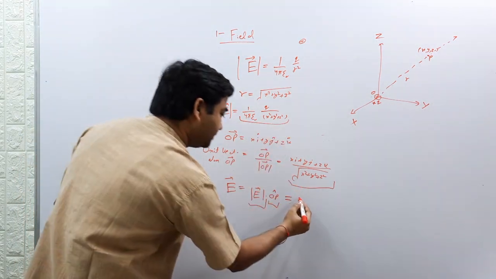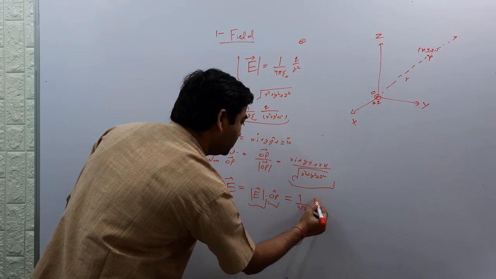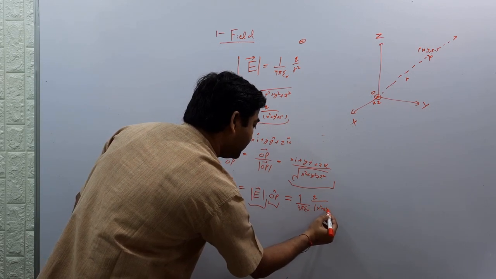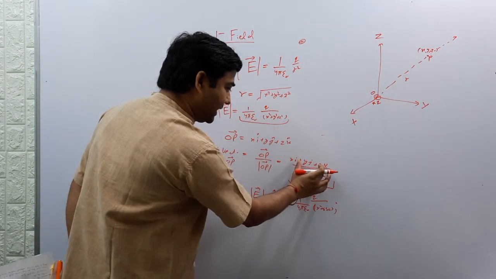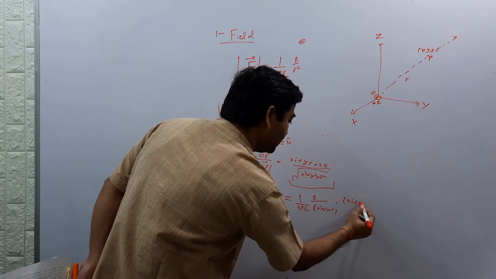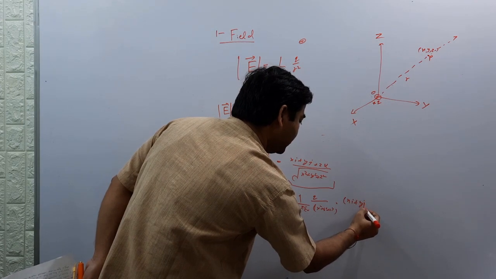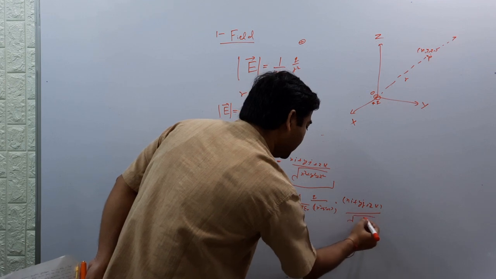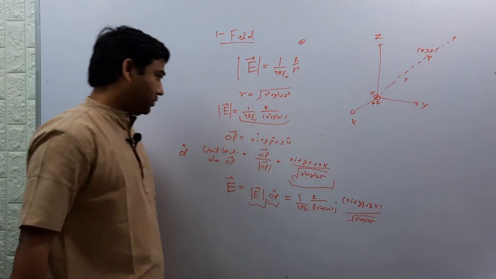This mod is 1 by 4 pi epsilon 0 q by x square plus y square plus z square, into the unit vector xi plus yj plus zk divided by under root x square plus y square plus z square.